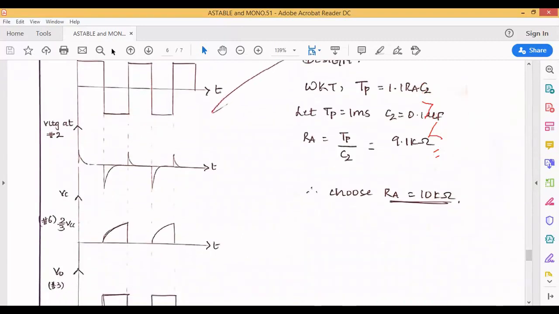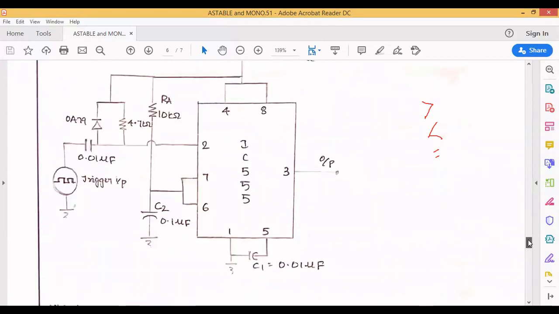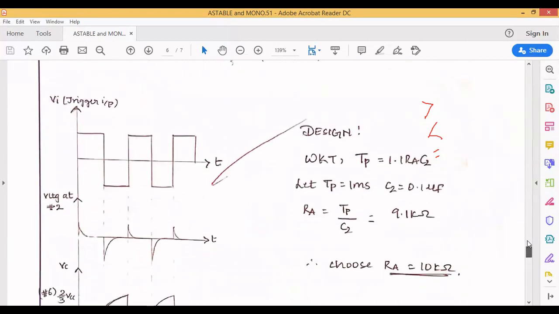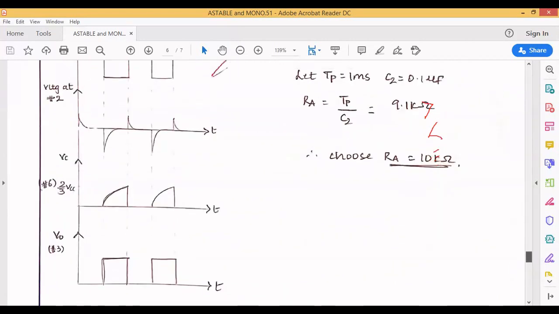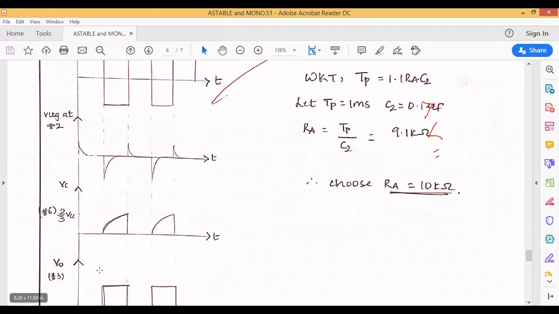This is the output and this is the voltage across the capacitor, 2 by 3 VCC here, and then here you're getting 1 by 3 VCC. And why the 2 by 3 and 1 by 3, we already studied in the theory part. So that's why those are given over here. This will be when it is off, on, the charging and discharging time.